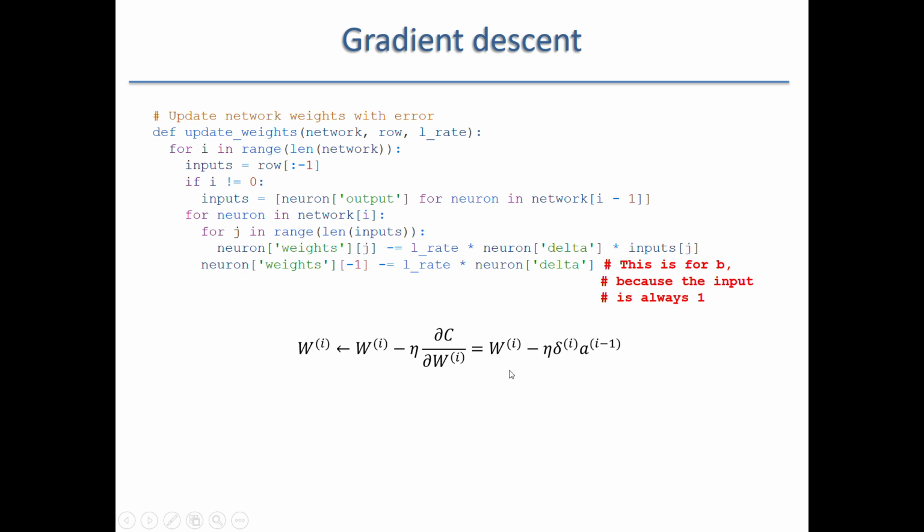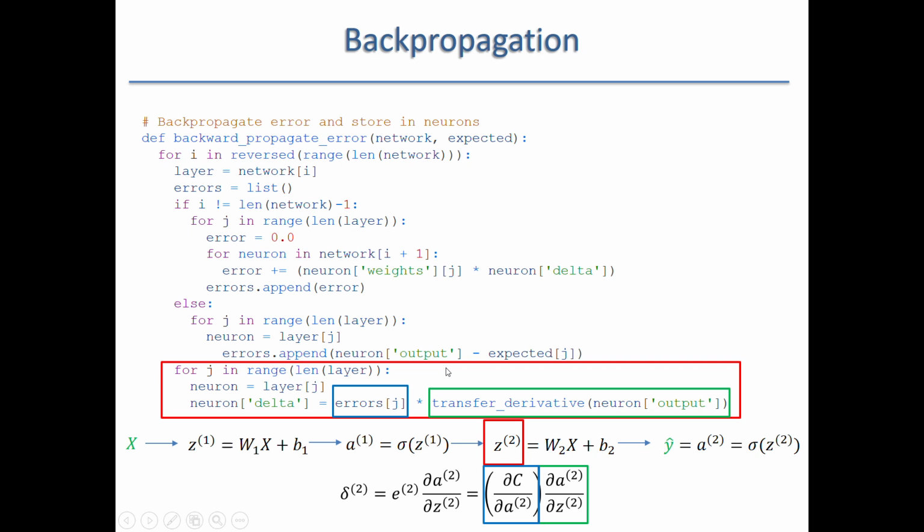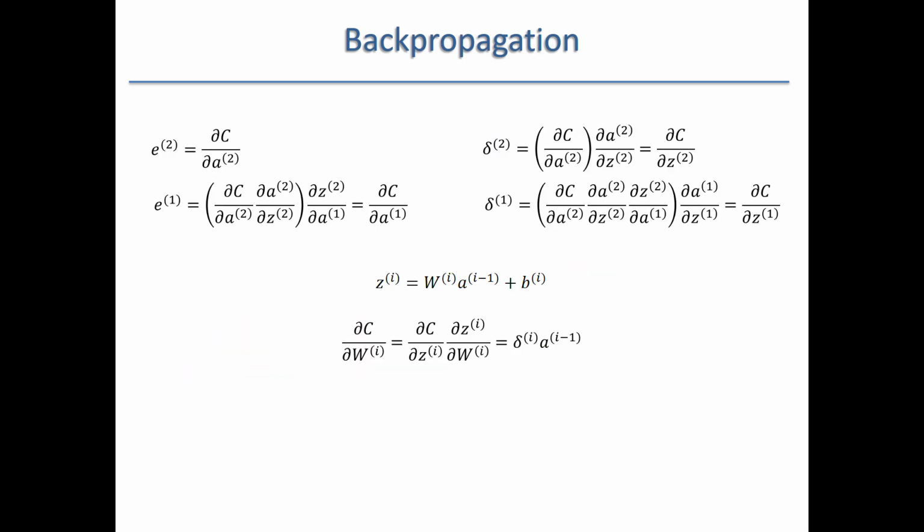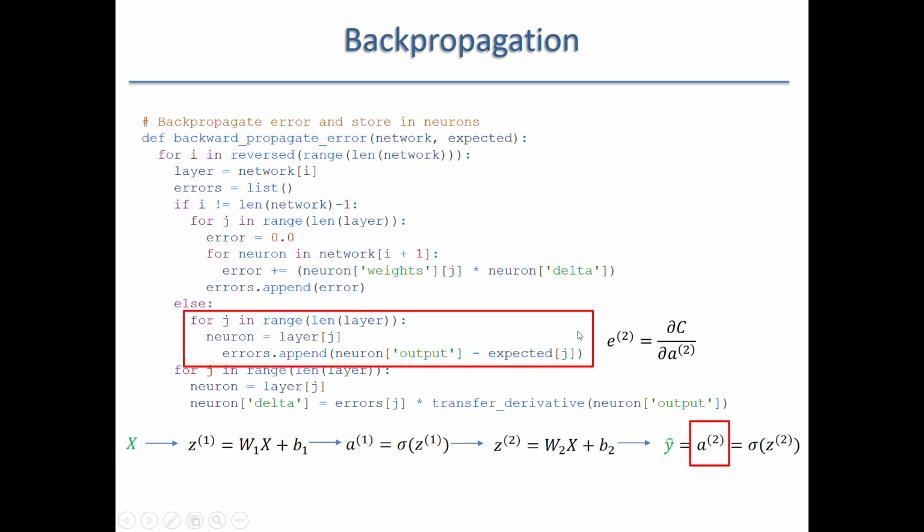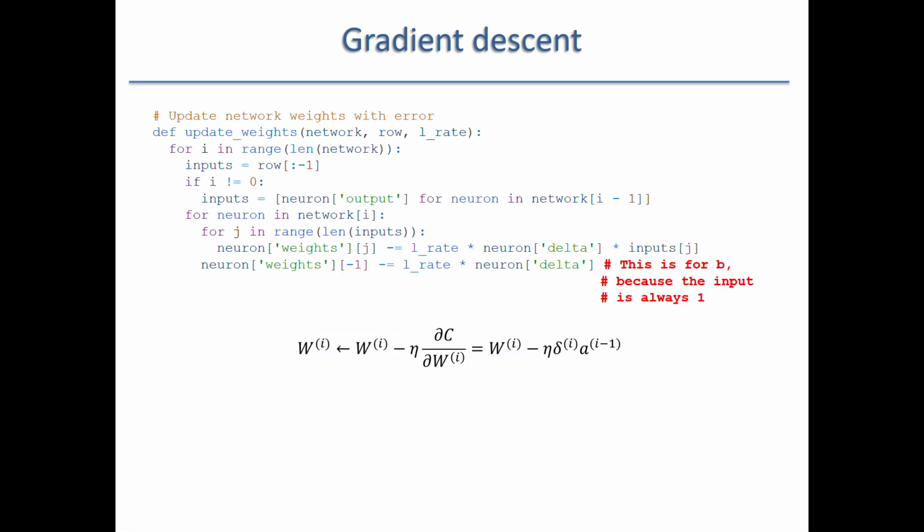The gradient is the derivative of C with respect to W, and we saw it here, C with respect to W is the delta times the activation of the previous layer. So that is what we should see in the code. It is the delta times the input to that layer.